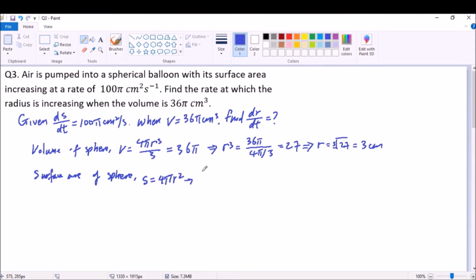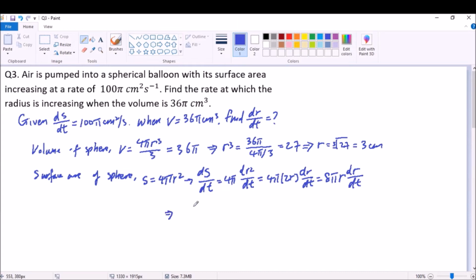And so we take the derivative of surface area with respect to time, we get 4 pi d r squared over dt, which is 4 pi times 2r dr over dt, equal to 8 pi r dr over dt.